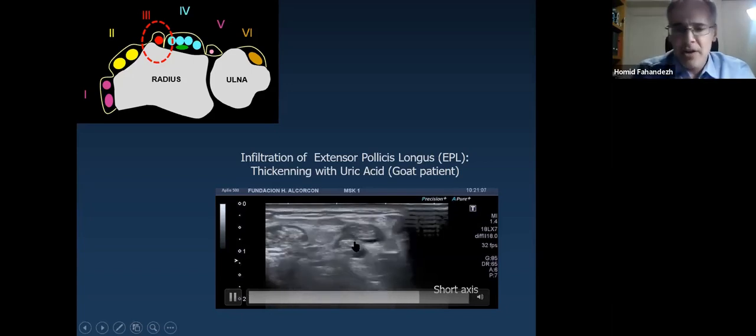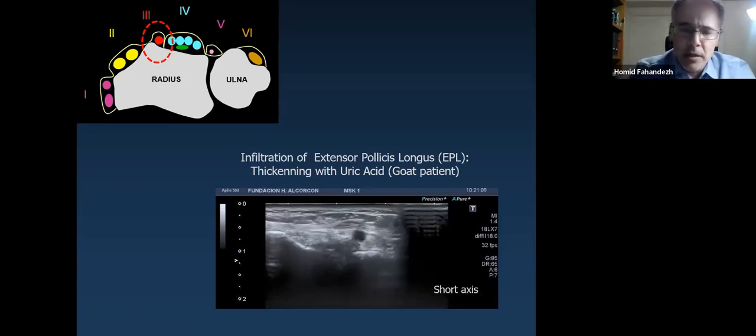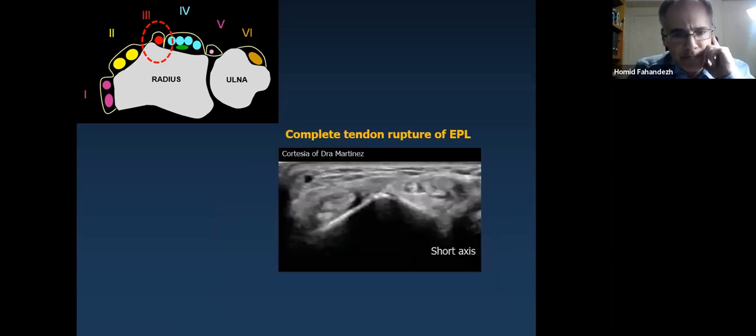It's a very strange situation, but sometimes, in patients with pain and swelling in the dorsal aspect of the wrist, you can find this.